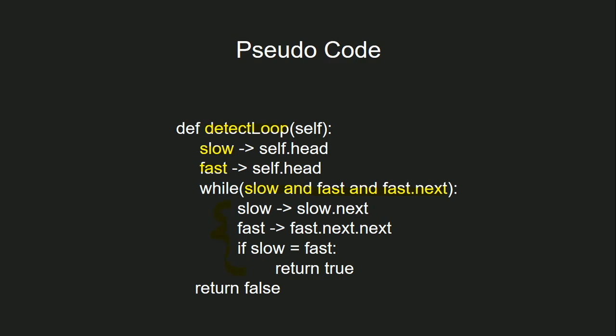Here we are advancing the first pointer by one node and the second pointer by two nodes. And if at any instance the first pointer becomes equal to the second pointer, that means it is a loop and we will return true. And suppose we reach null, then this condition will not be satisfied and this function will return false.